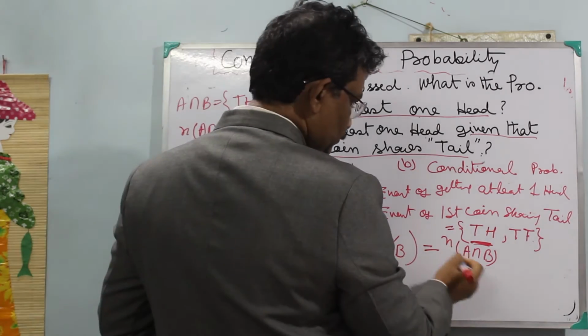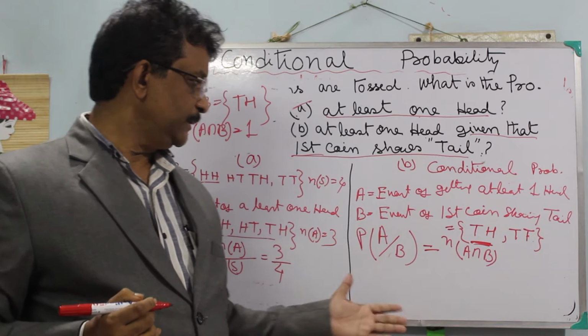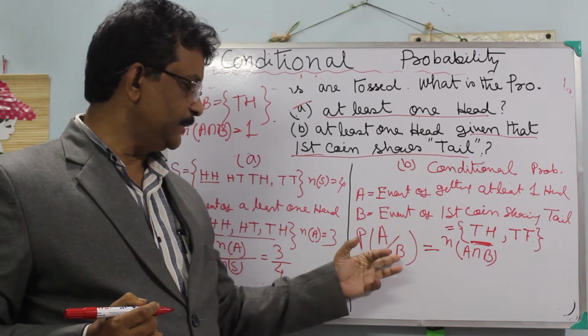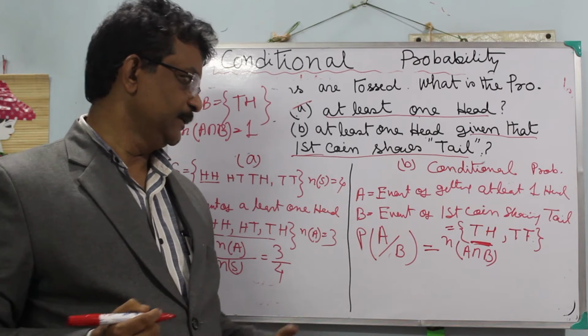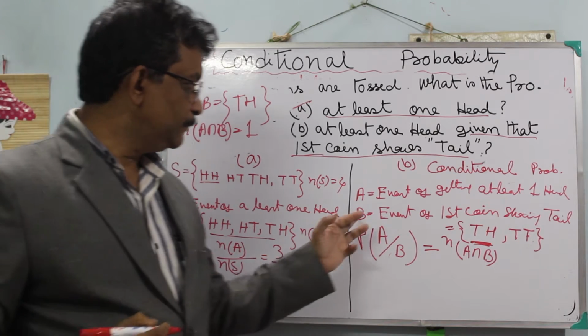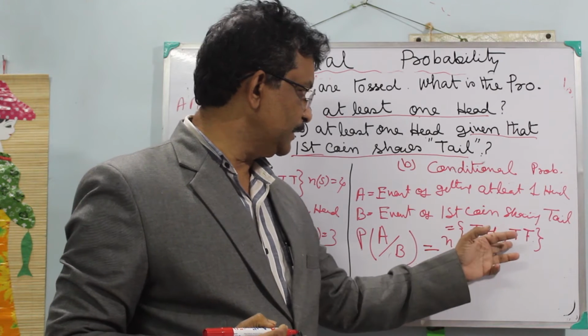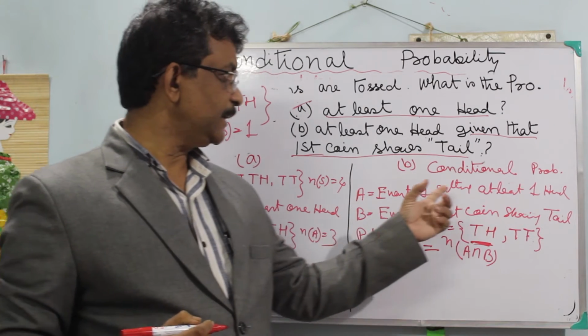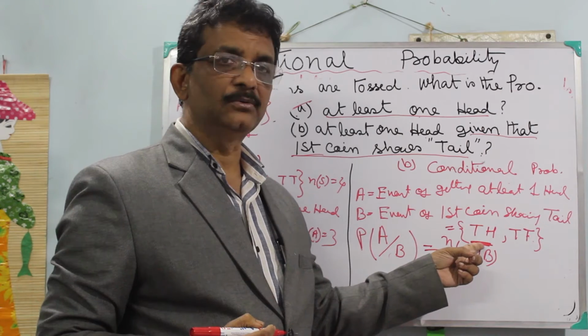So you are clear, the numerator would be, if B has happened, the intersection of A and B, because the B event has already occurred. The first coin shows tail, and what is the probability of getting at least one head? This is the only favorable outcome.